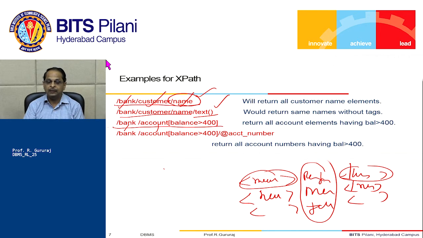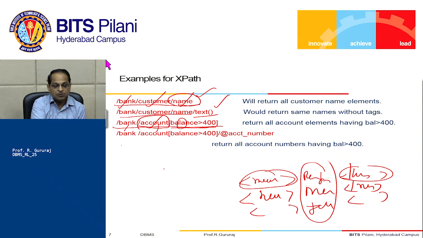I want only those accounts where the balance, which is a sub-element of account, has a value greater than 400. So for this step, that is for the account, I am writing something in square brackets. What does it indicate? I am applying a predicate there. The balance element, which is under the account element, should have a value greater than 400. Only such account elements should be displayed in the result.